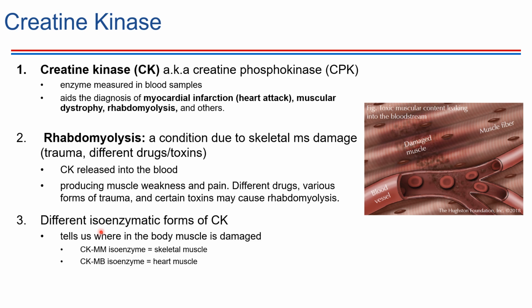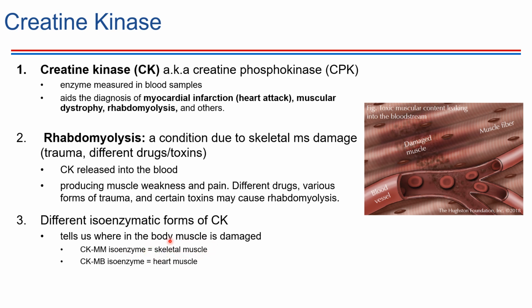Now, what's kind of interesting about creatine kinase is that there's different isoenzymatic forms. So think of it as like different isomers of this enzyme. So we call it an isoenzyme. And you don't need to memorize these names or anything, but I just want you to understand the concept that when we're looking in the blood, we can tell different types of creatine kinase are going to be released from different types of muscle.